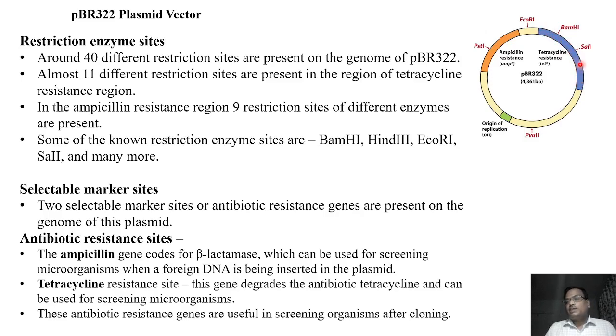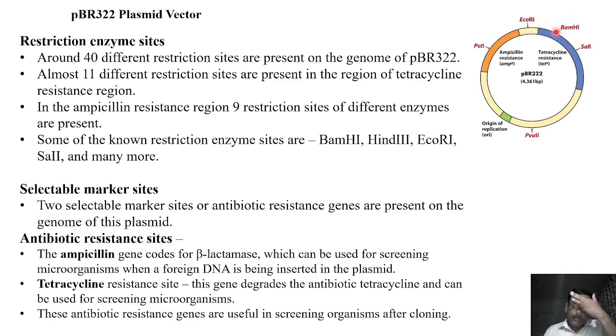The presence of this gene gives resistance against tetracycline. That means the bacteria cannot be killed by the tetracycline antibiotic, because the gene product of this gene gives the resistance. Now there are around 11 restriction sites located here. Just imagine, there is a BamHI restriction site here.